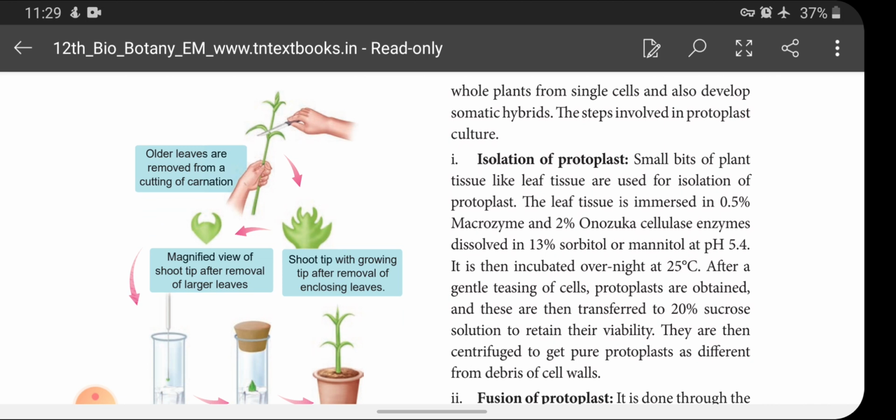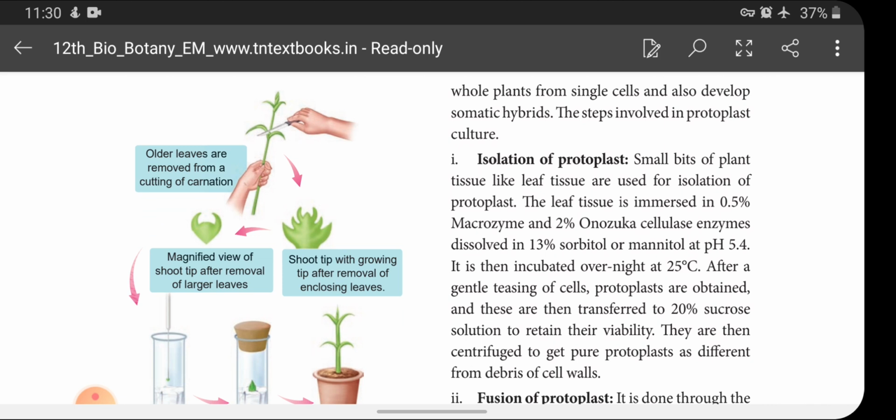The leaf tissue is immersed in 0.5% macrozyme and then 2% Onotsuka cellulase enzyme dissolved in 13% sorbitol or mannitol, and its pH is 5.4. After immersing into the macrozyme, we have to immerse the tissues into that solution under pH 5.4.